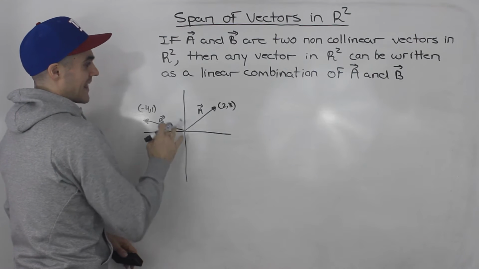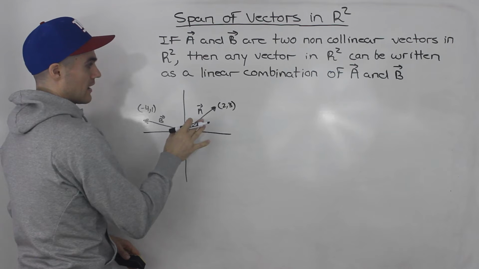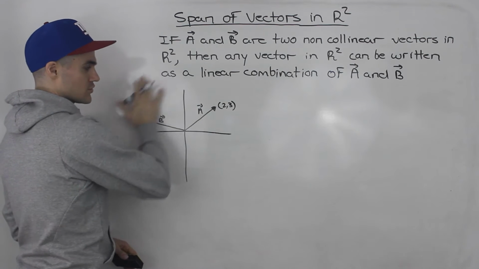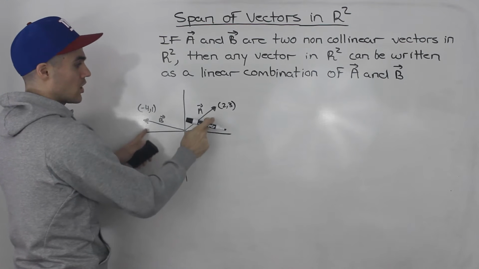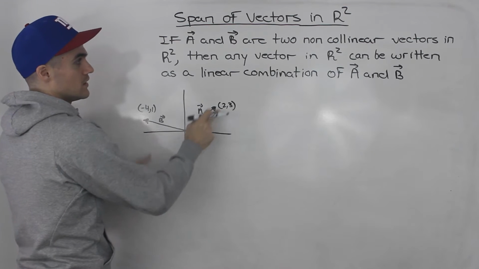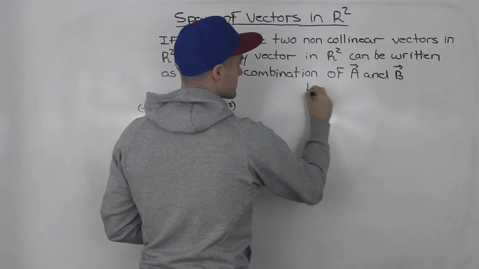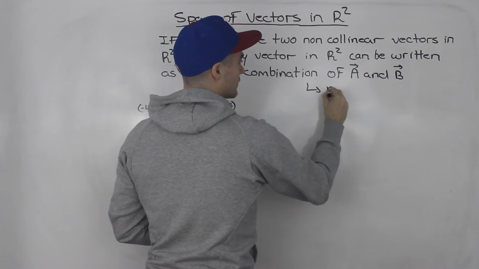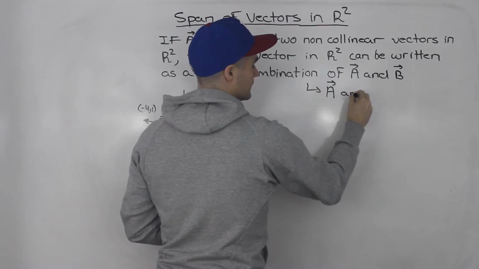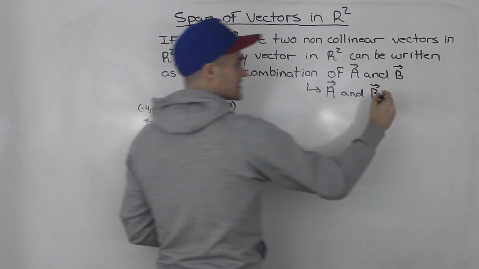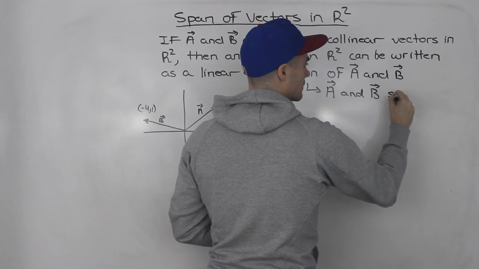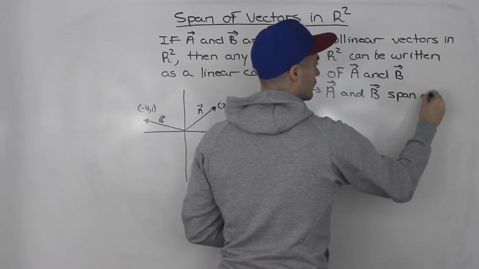What that means is that any vector in R2, in this whole XY plane, can be written as a combination of these two. Another way to say this is that if vectors A and B are non-collinear, A and B span all of R2.